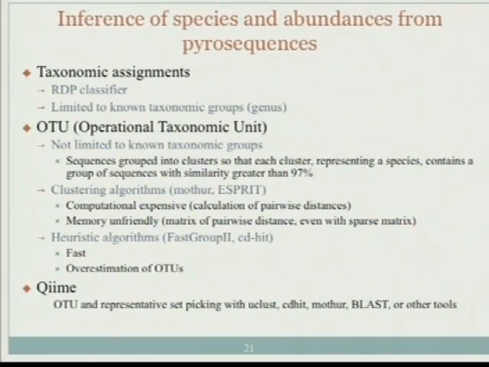The question is how many OTUs you will get if you use a 97% similarity cutoff. Essentially, it's a clustering problem. You can use, for example, average linkage clustering, but the problem is that for all those clustering algorithms, the complexity is n squared.